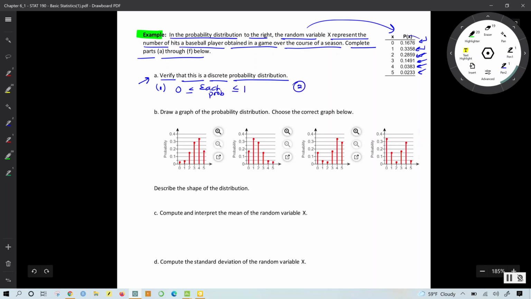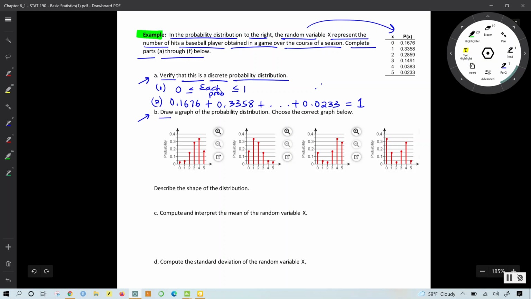Then two, we're going to check the sum of all the probabilities: 0.1676 plus 0.3358 as far as 0.0233, which is the last entry here. We're going to check if that is equal to 1. You can punch that on your calculator and you'll find out that this is definitely equal to 1.